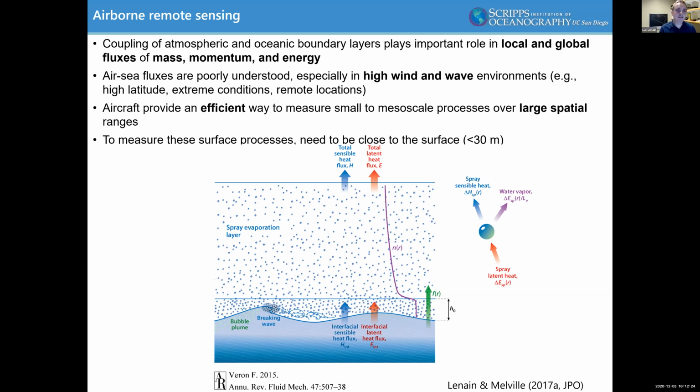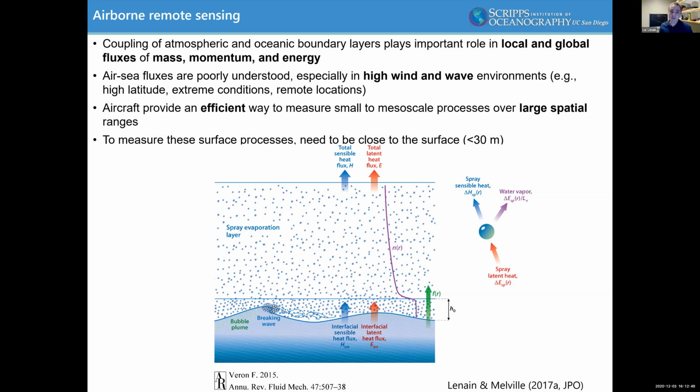And those fluxes are still poorly understood, especially in high wind and wave environments, which are conditions that are very difficult to collect data in. Aircraft are great. They're able to collect measurements at a range of scales, from very small spatial to longer scale, because they can cover a very large area.